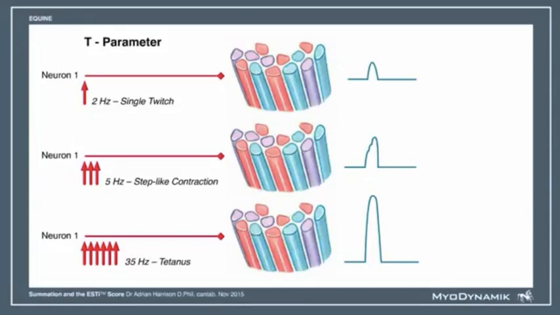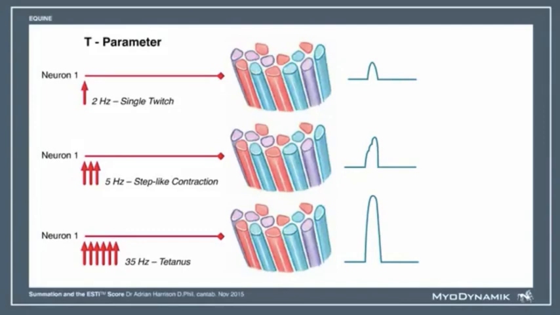Activation of motor neuron 1 at a rate of 2 stimuli per second, that is at 2 Hz, causes the red fibers to contract and generates very little force, typically a contraction we refer to as a twitch.